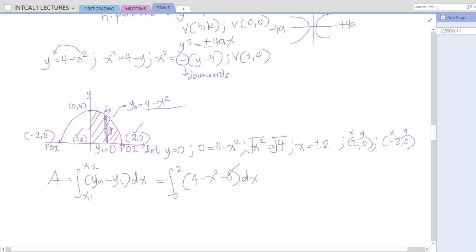Getting the integral, that is 4x minus x cubed divided by 3, from limits 0 to 2.